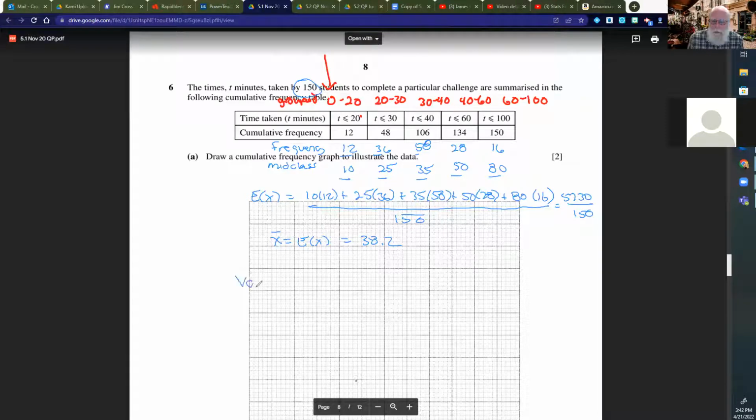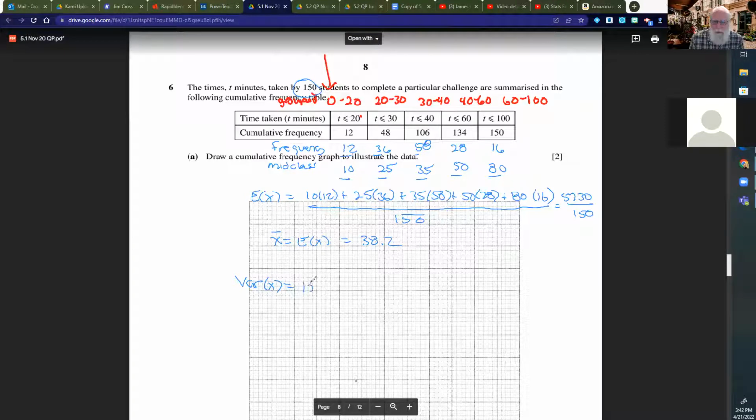You can. What I'm going to do is find the variance first. It's going to be very similar, but instead of 10, what's it going to be? It's going to be squared.